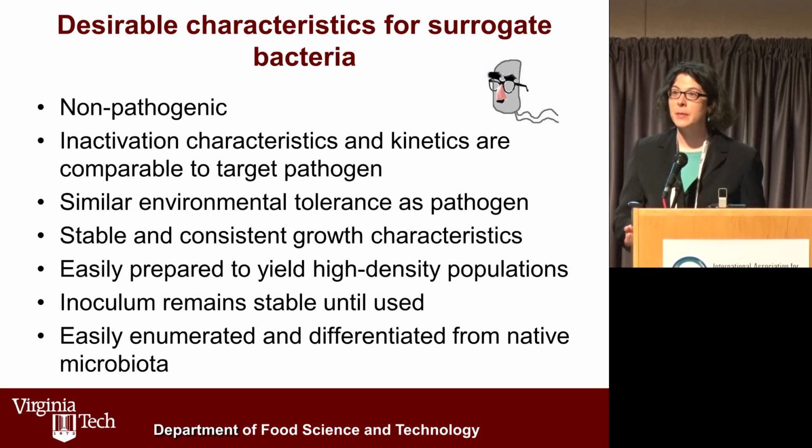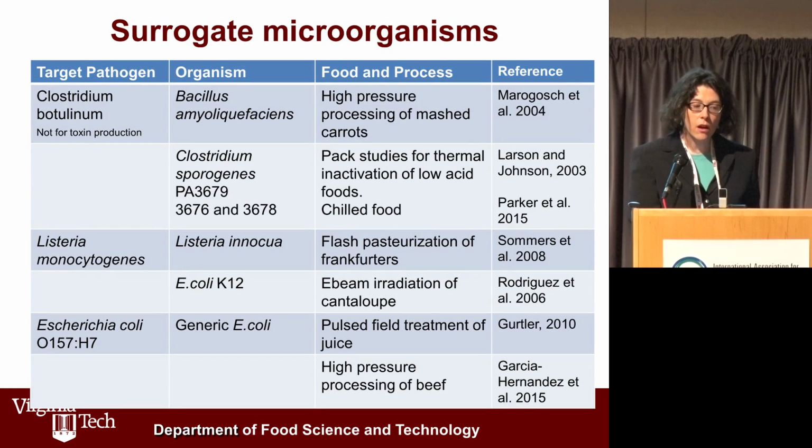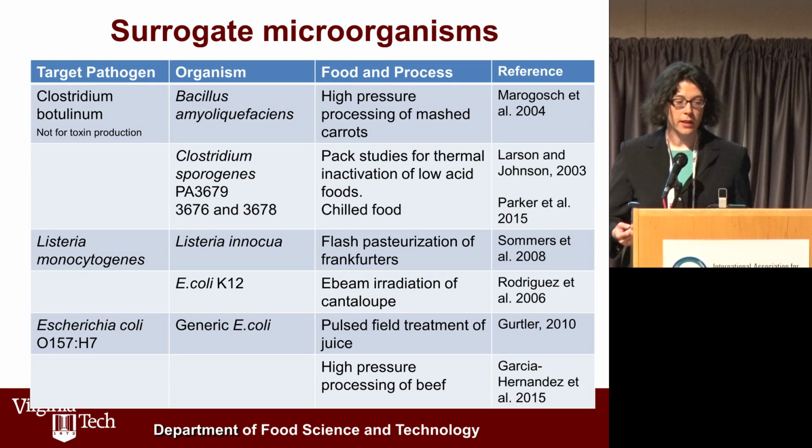So you need to be able to discriminate the surrogate from the other native microbiota within that food product of interest. And that can be challenging for certain types of foods, especially when you're considering some of the agricultural commodities that have very high microbial counts normally associated with them, like spices.